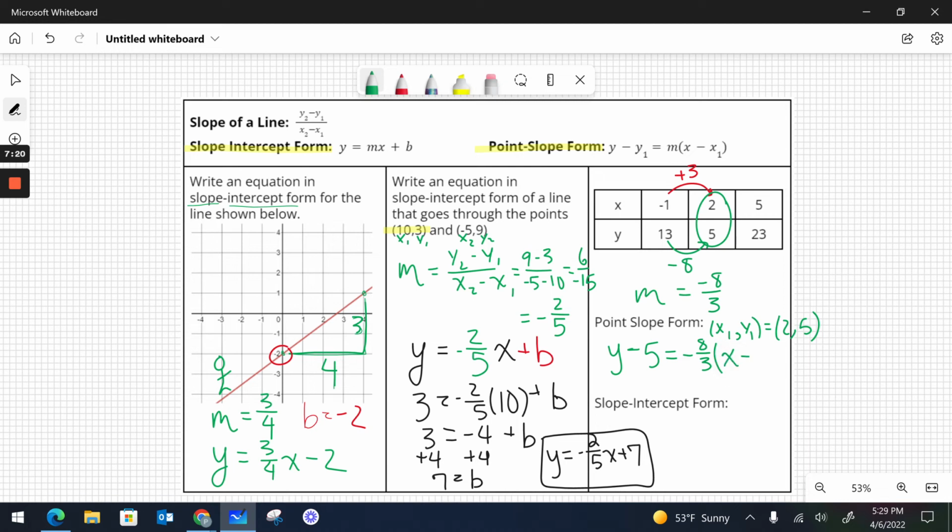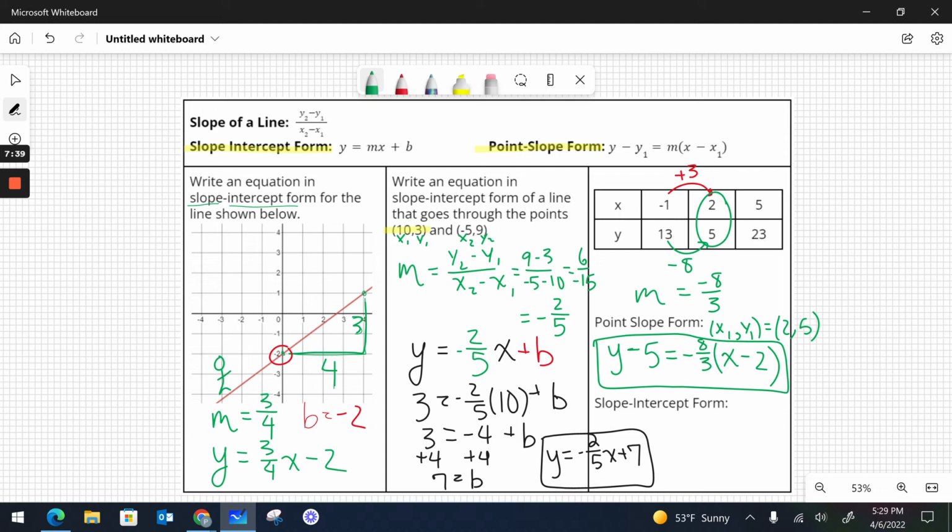My x1 is going to be 2. And here is my point-slope form for this line.